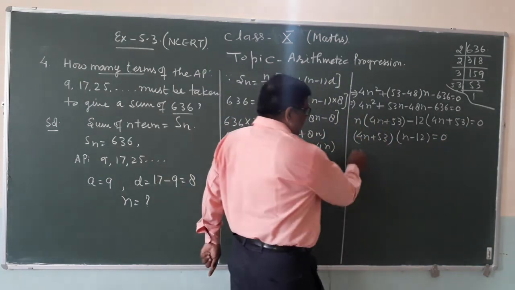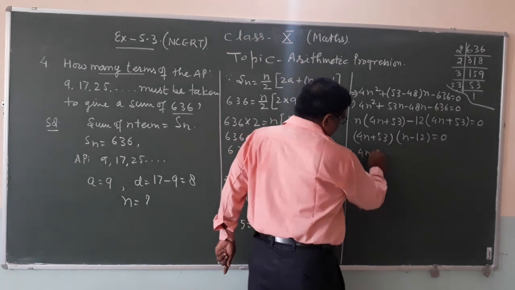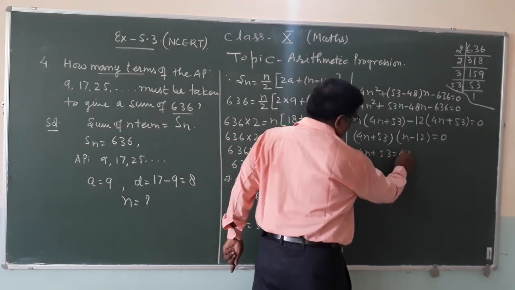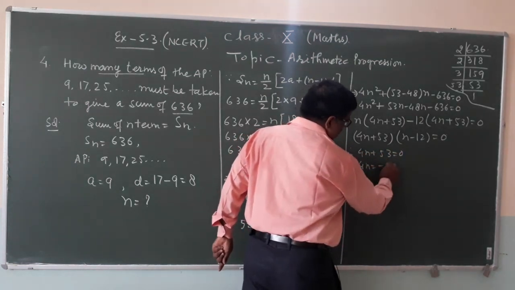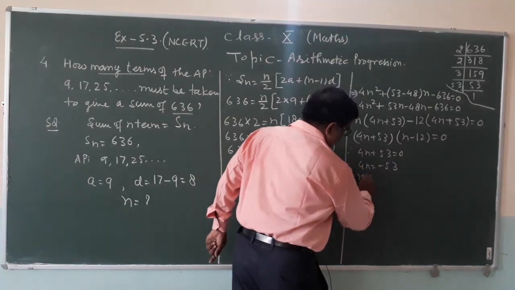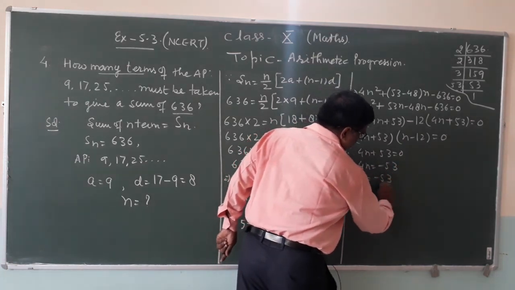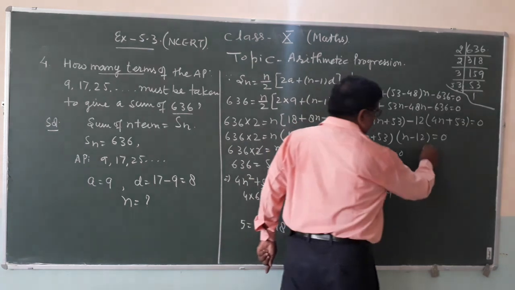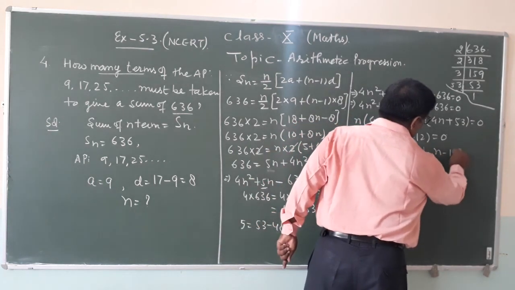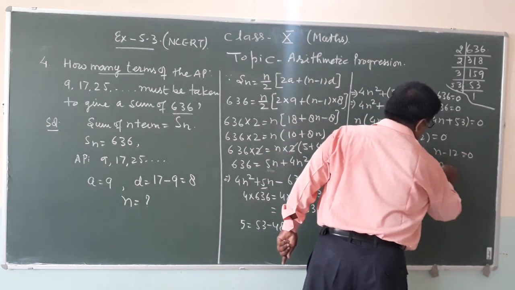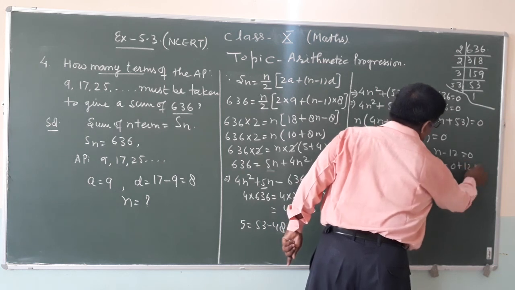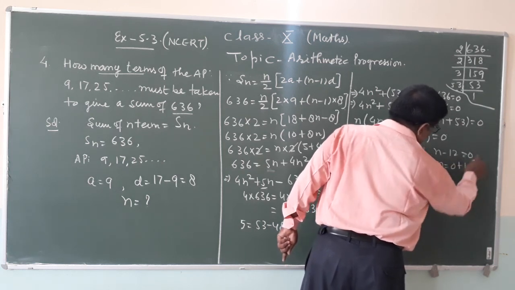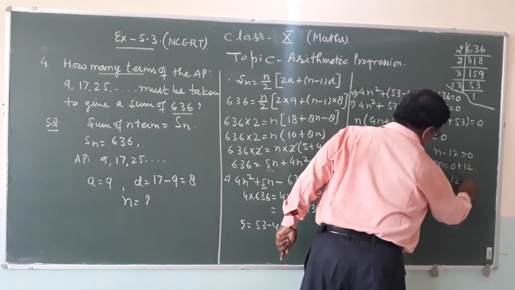Therefore 4n plus 53 is equal to 0, 4n is equal to minus 53, and n is equal to minus 53 upon 4. And another, n minus 12 is equal to 0, so n is equal to 12.